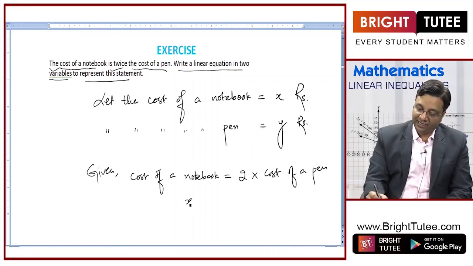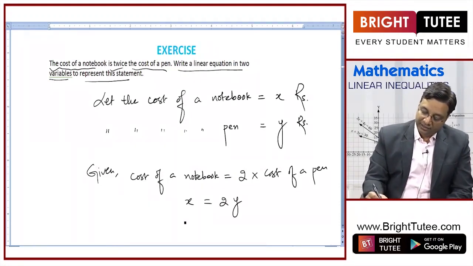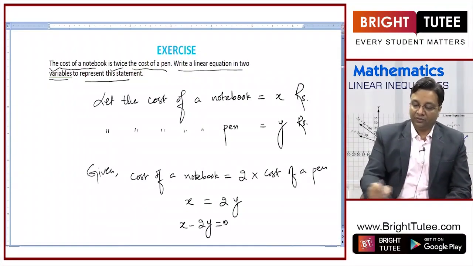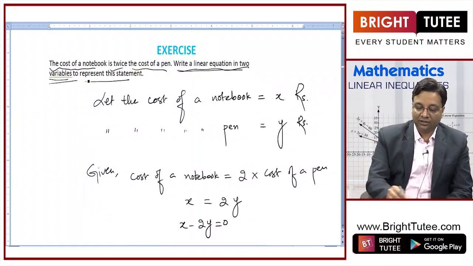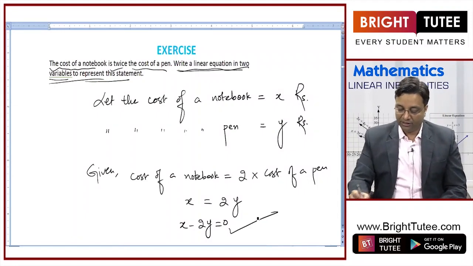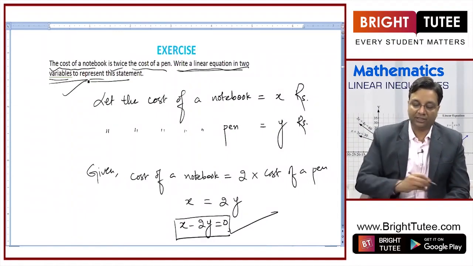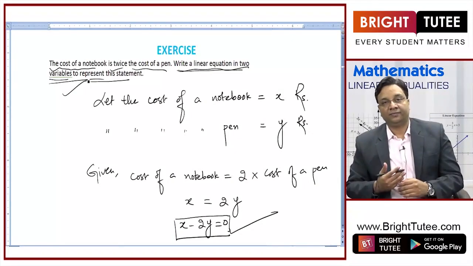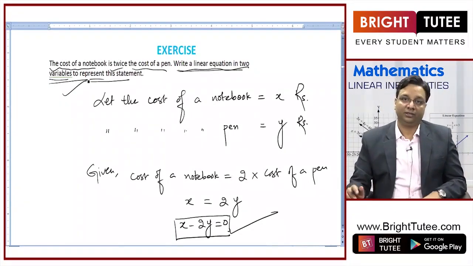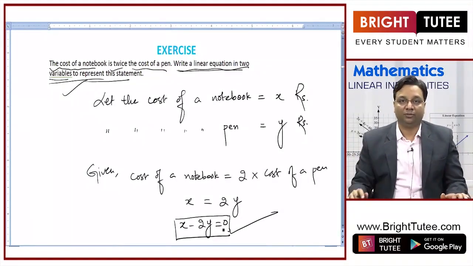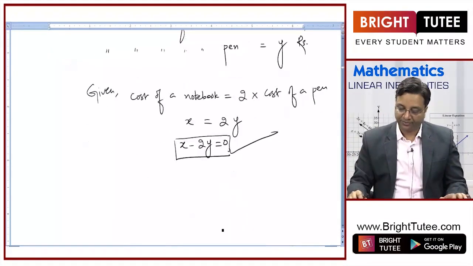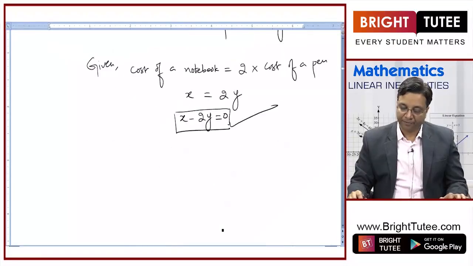So I can say X is equal to 2 into Y. Hence I can write it like this: X minus 2Y equals 0, which is a linear equation in two variables. So this is the representation of the given situation in a linear equation in two variables, right? Or we can say this is the mathematical representation of this problem.